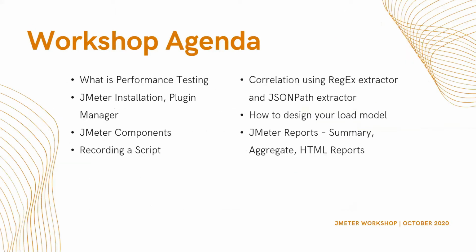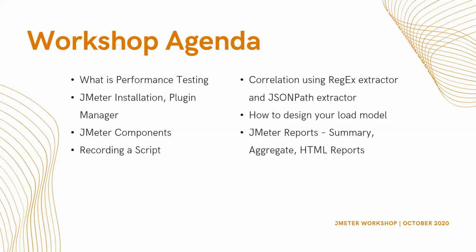Coming to the agenda, we will start with what is performance testing. We are considering that all of you are at a zero level in performance testing, and we are just starting with that, although some of you are already working on this, we know that. So we'll start with what is performance testing, installation of JMeter, plugin manager, and different components of JMeter.